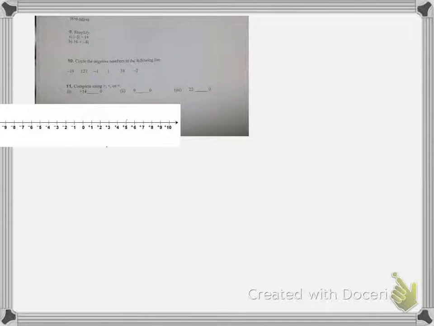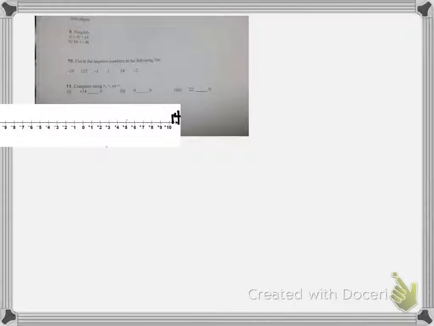Okay, for number 11, it says use greater than, less than, or equal to, and we're comparing these. So first of all, we're comparing positive 14. Our number line doesn't go up to 14, but we know 14 is going to be somewhere over here at this end.